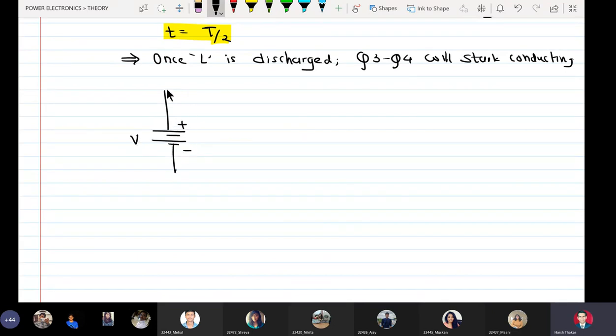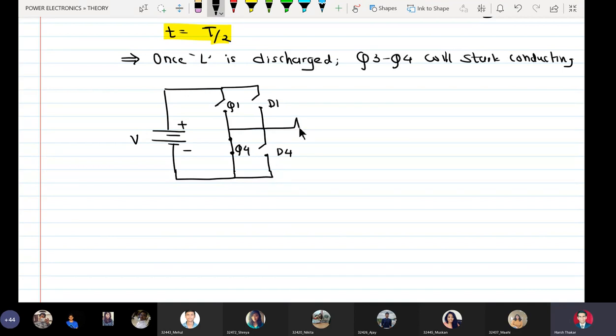Plus minus V. Q1 is not fired. Now this is Q4. The diode D1 is open. Diode D2 is also open. This is Q1, this is D1. This is D4, this is Q4. Here is my R, L.